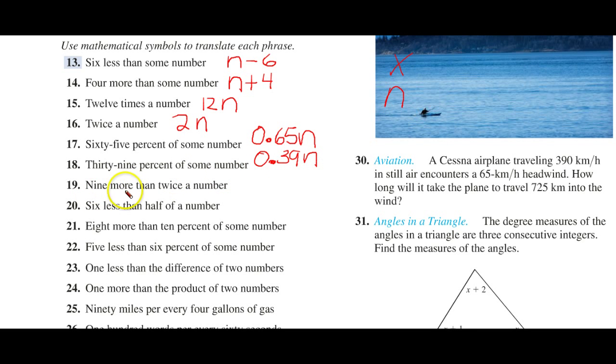Nine more than twice the number. Now we usually put the variable up front. So there's twice the number, 9 more.